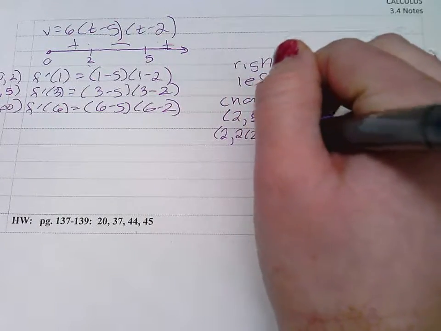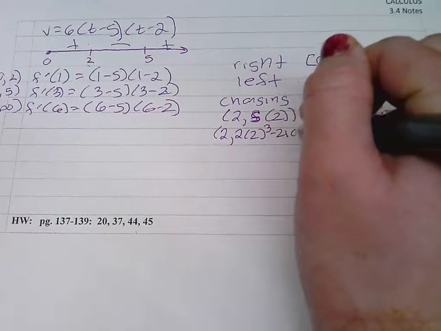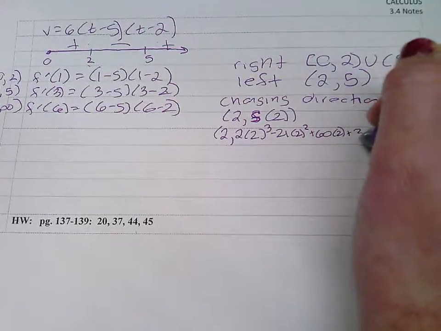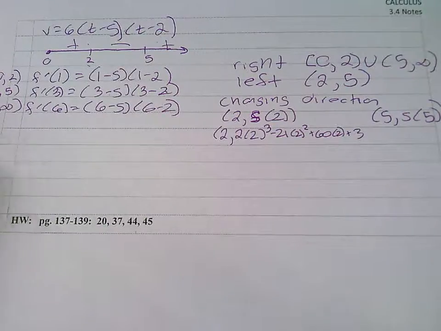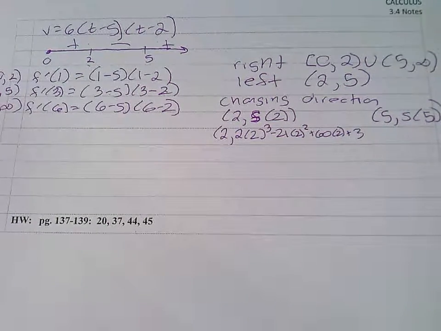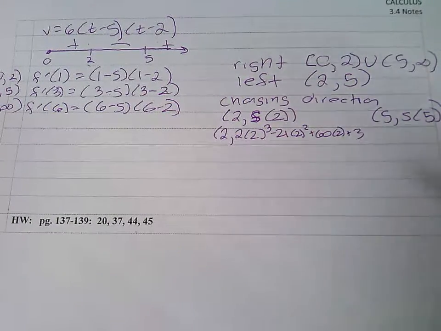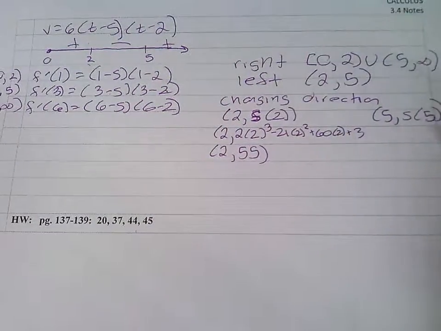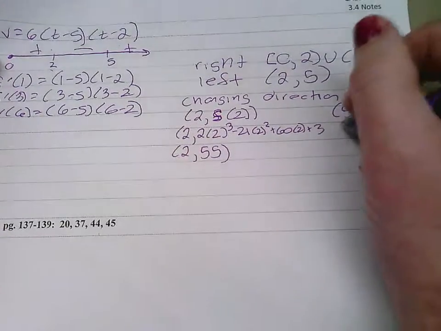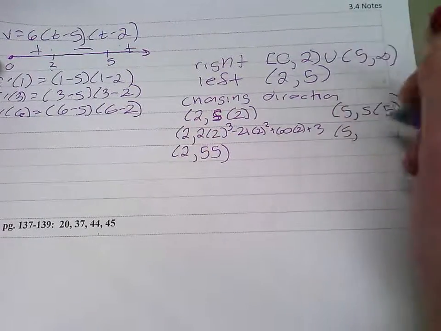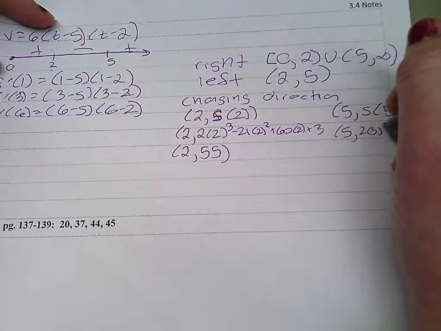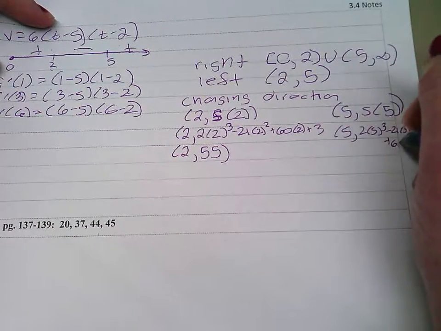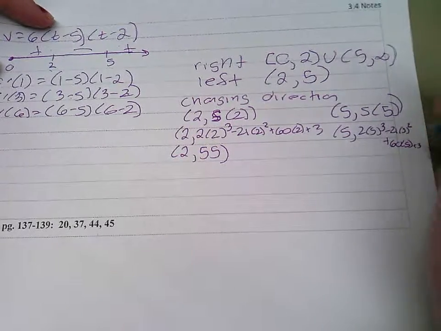2 times 2 cubed minus 21 times 2 squared plus 60 times 2 plus 3, which is going to turn out to be 55. Okay, and then we're going to see what s of 5 is. So you're going to have 2 times 5 cubed minus 21 times 5 squared plus 60 times 5 plus 3.